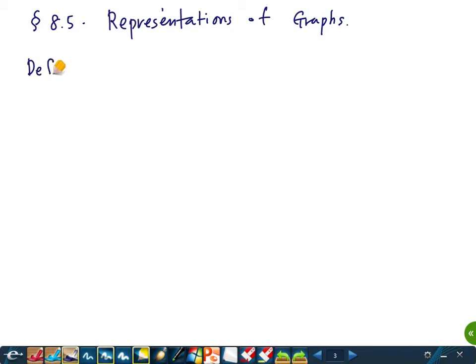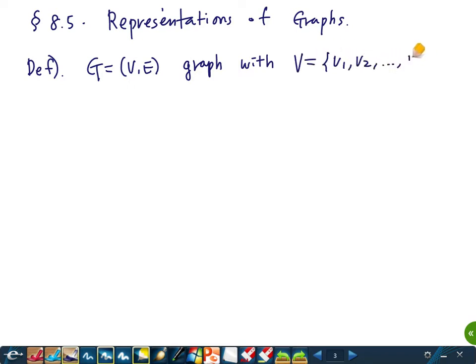Let's say we have a graph G = (V, E) with n vertices. So the vertex set is V1, V2, ..., Vn.